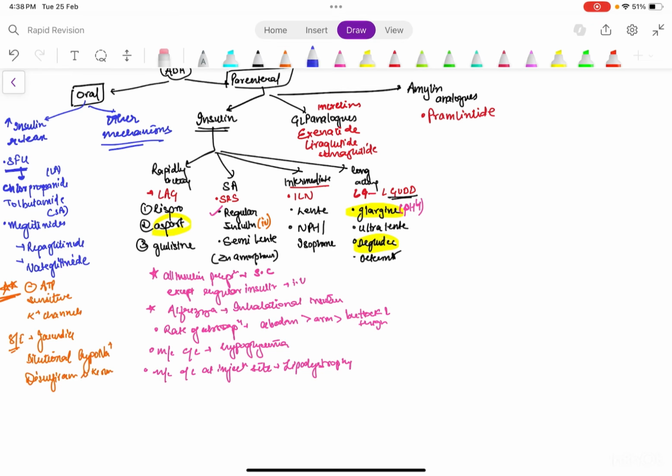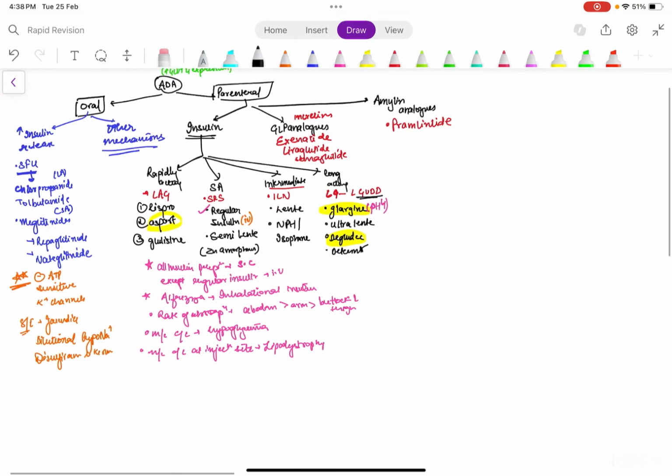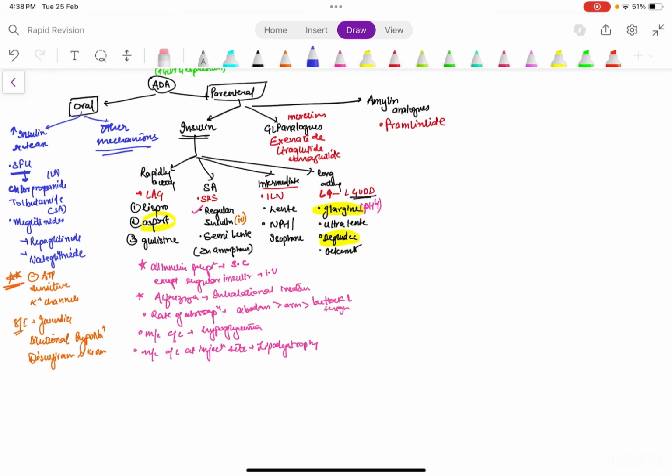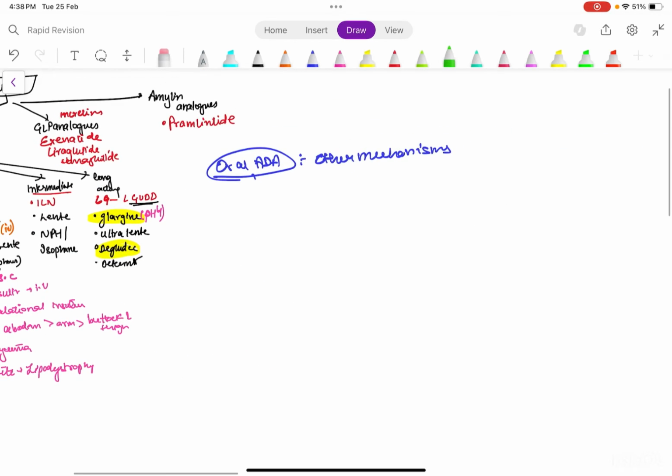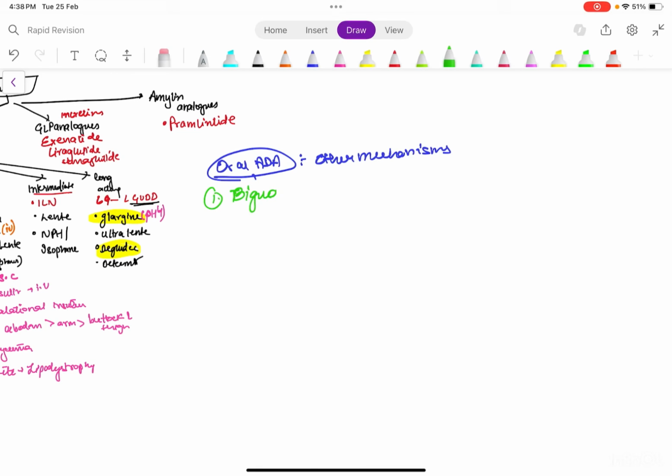Alright, now let's talk about the other mechanisms of oral anti-diabetic agents. In this you need to know a few important ones. First one is biguanides.